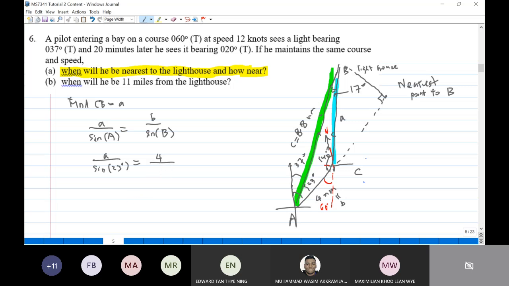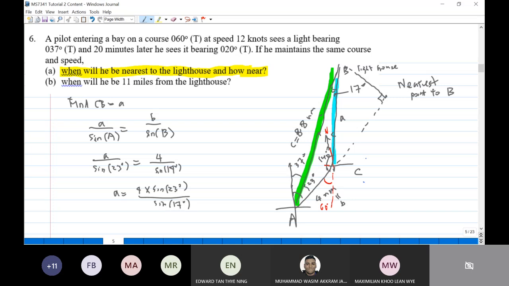Sine B is actually, sorry, sine B is 17. So A is equal to 4 times sine 23 degree over sine 17.